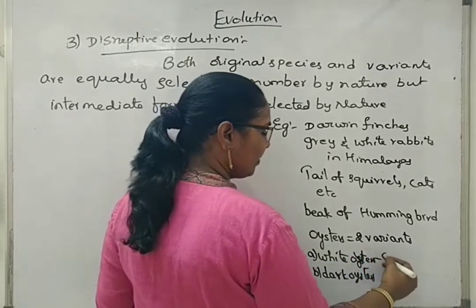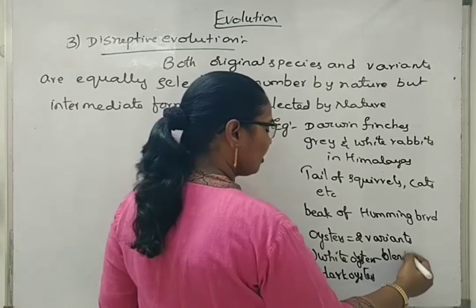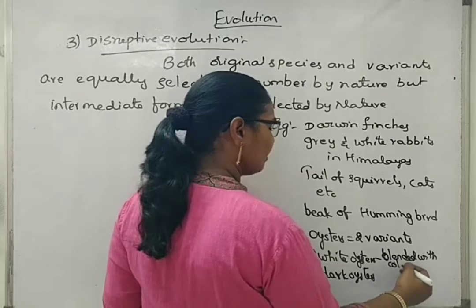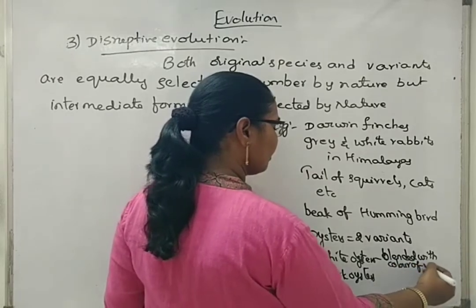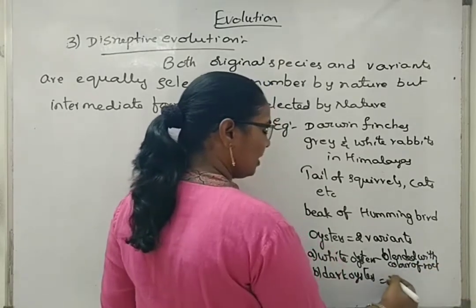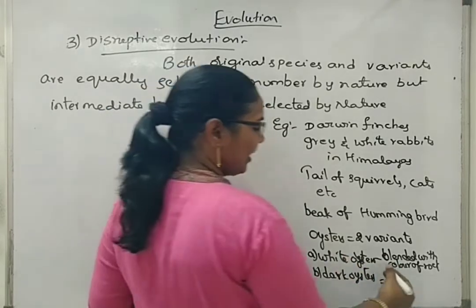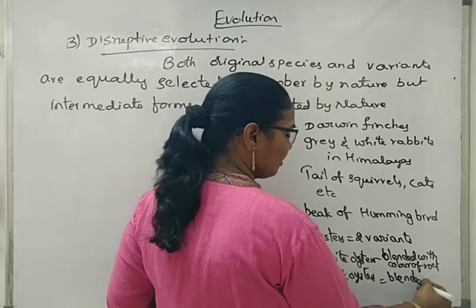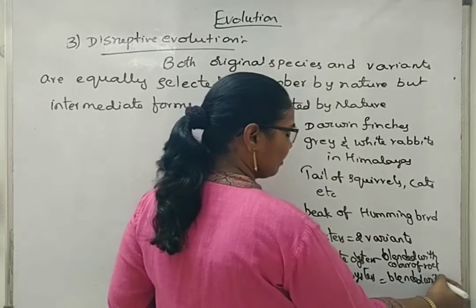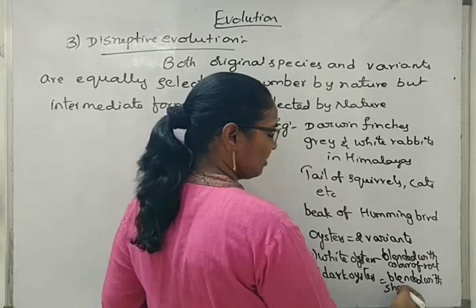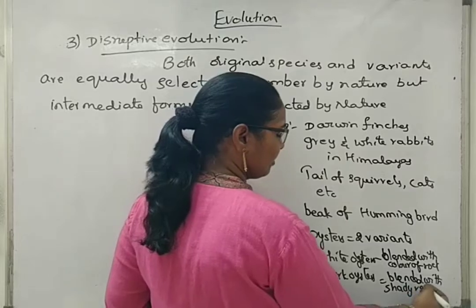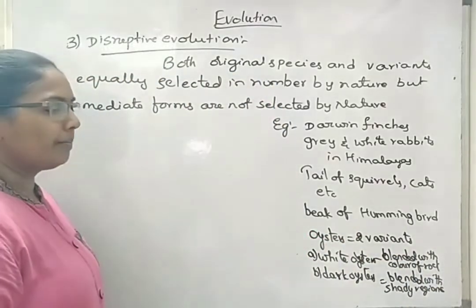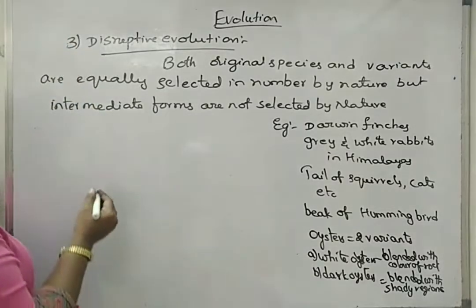These got blended with the color of rock. These got blended with the shady regions. So this is about disruptive evolution.